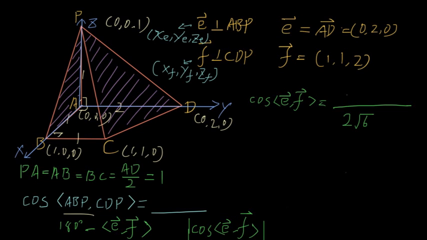And then 0 times 1 is 0, plus 2 times 1 is 2, and 0 times 2 is 0. So we can get rid of the 2, and this thing is equal to square root 6 over 6. And luckily, it is a positive value, so we don't need to change it. And that is the cosine value of that. And there goes our second question.